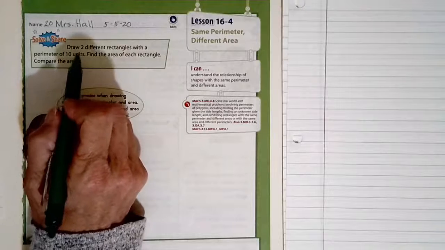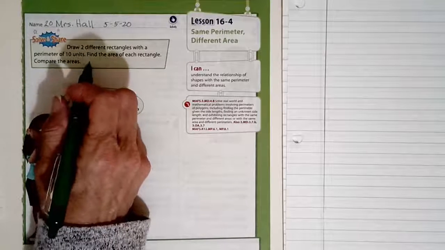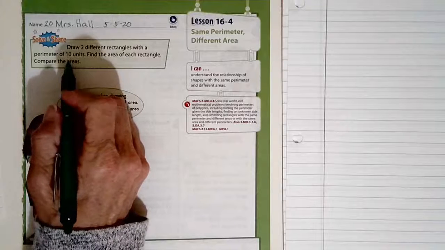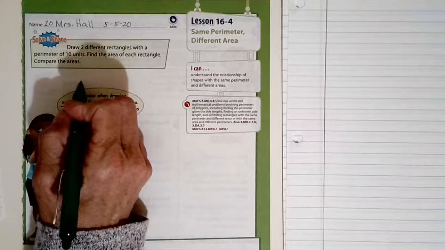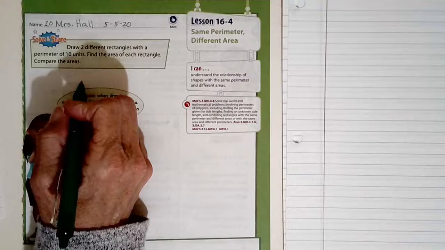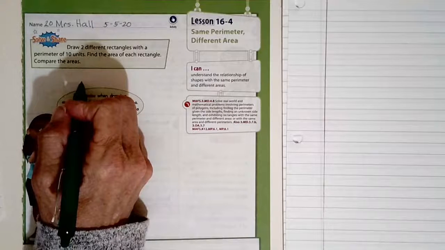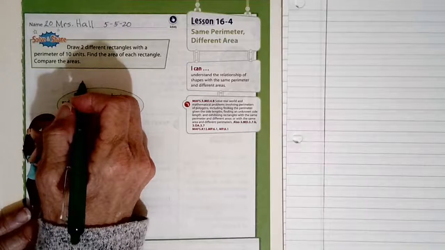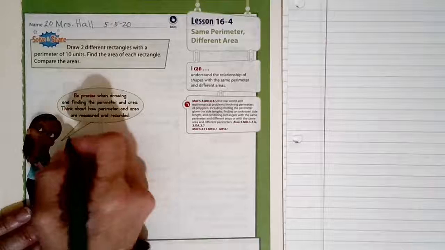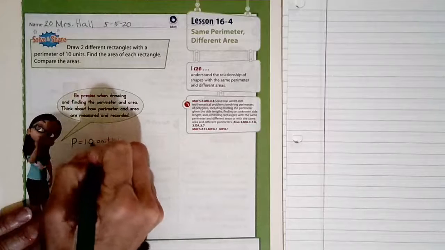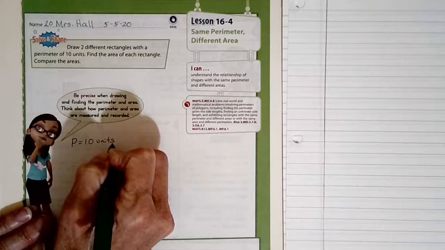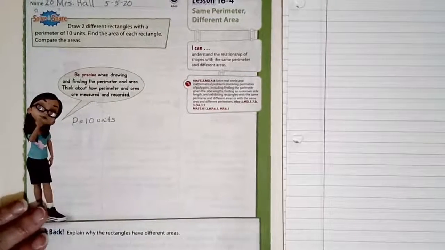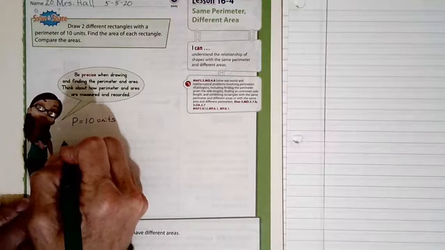So I've got to think about what I know about a rectangle and how I can come up with 10 as adding all the sides together. I know that I would have to have two sets of doubles because a rectangle has matching pairs of sides. So, with my perimeter equals 10 units, I'm going to think of ways that I can add to get the number 10 that have two doubles.